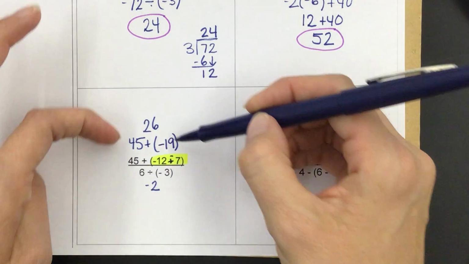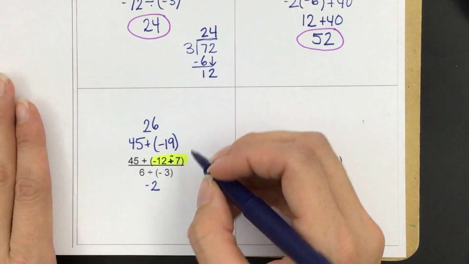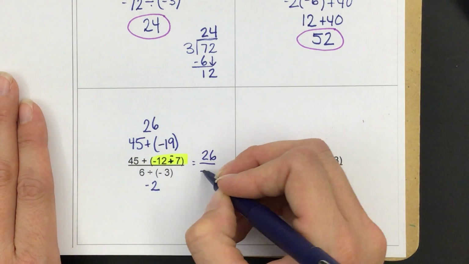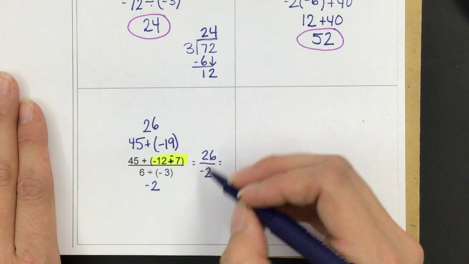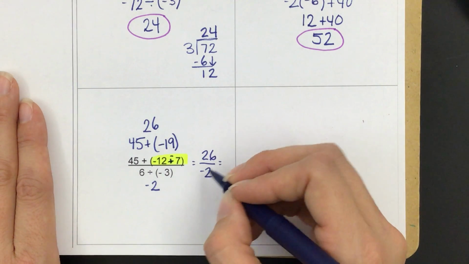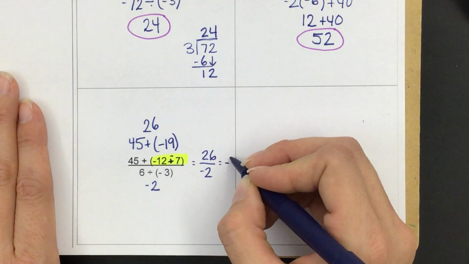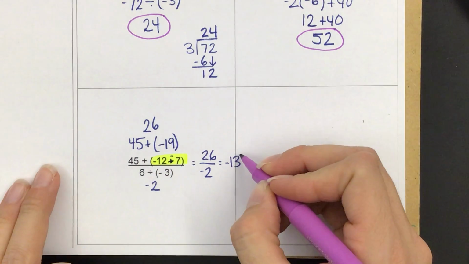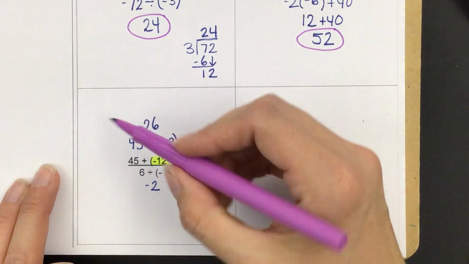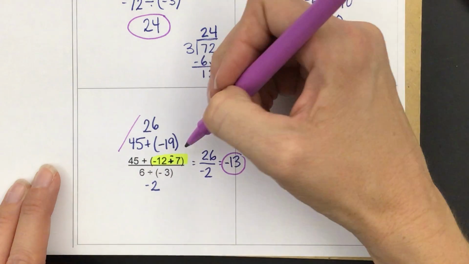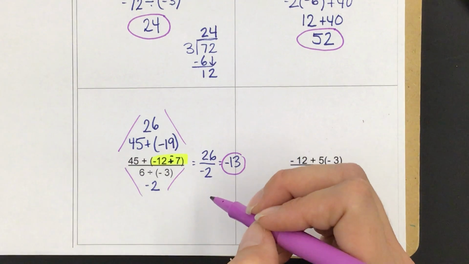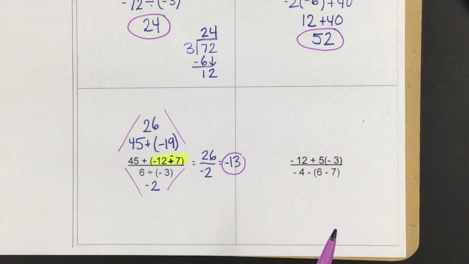So look, I got the top down to one number, the bottom down to one number, and now we can simplify it. So this is 26 over -2, which we can actually divide. Positive divided by a negative is a negative, and 26 divided by 2 is -13. Okay? So what I did is I basically did all my work up like this, all my work down like this, got it down to one fraction, and then simplified from there. Okay?